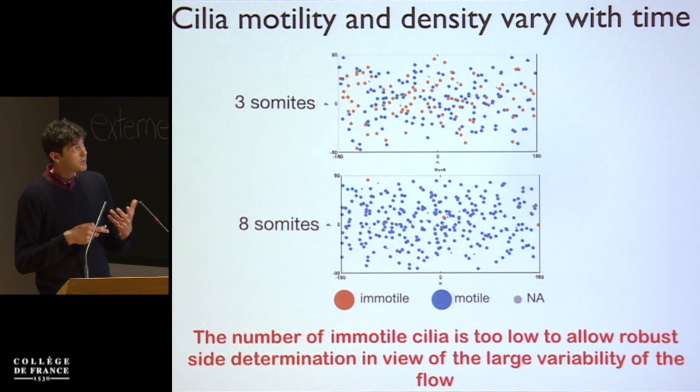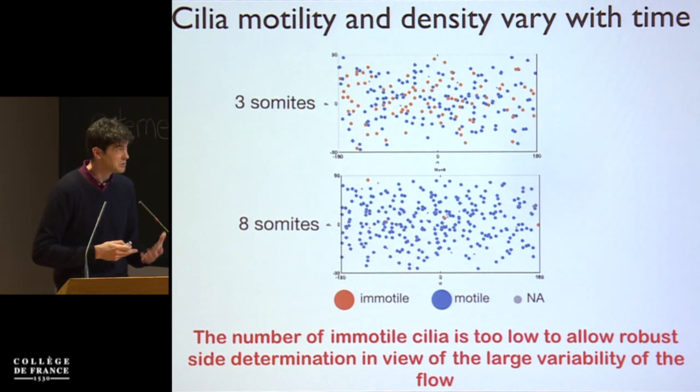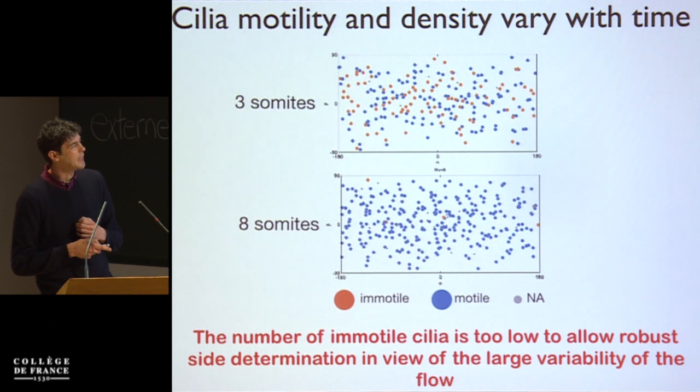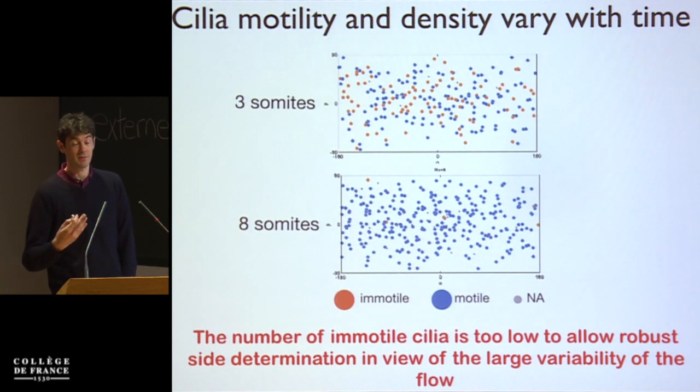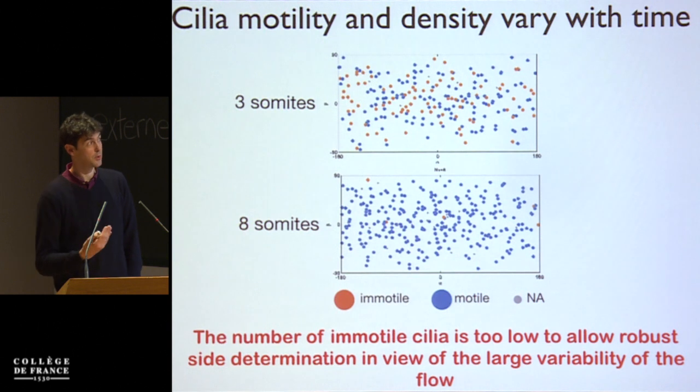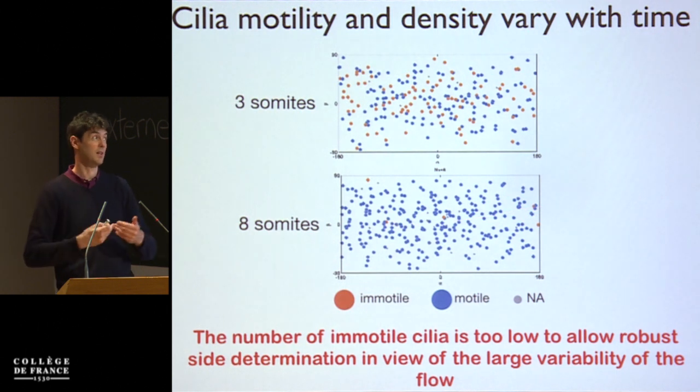And so, through time, the number of immotile cilia decreases, suggesting that you would need lots of immotile cilia to sense this flow, but you also need high forces to generate enough flow to be sensed. And it turns out that when flow is high, you have lots of motile cilia, but much fewer immotile cilia.